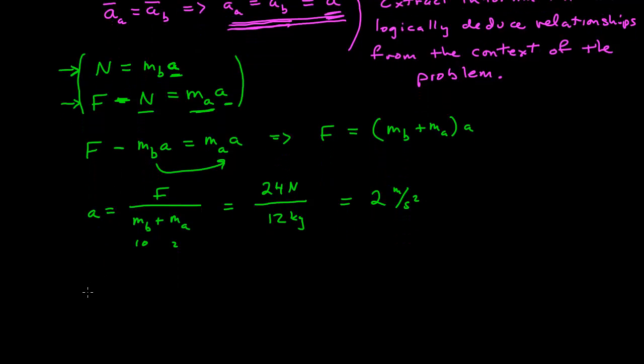And now I can put that into the normal force of B on A, N, which is equal to the mass of B, which is 10, times the acceleration, which is 2, which is equal to 20 newtons.